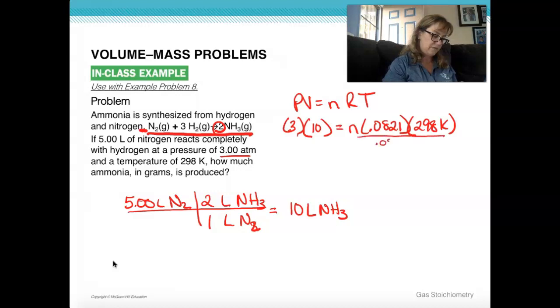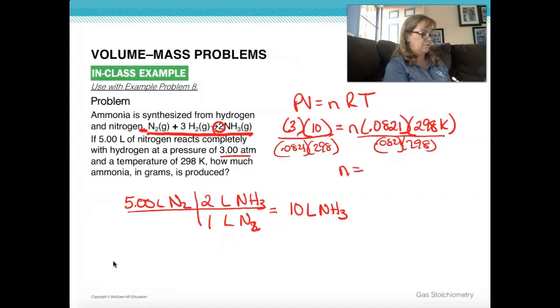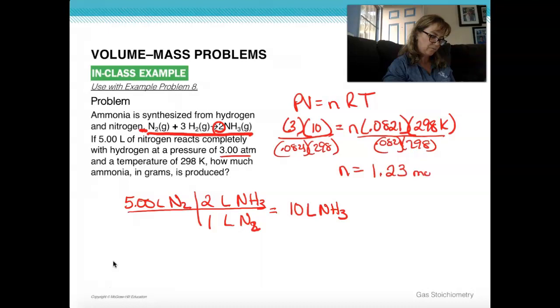I would divide by this on both sides, and I would find that n equals 3 times 10 divided by 0.0821 divided by 298, and I would get that I have 1.23 moles of ammonia.